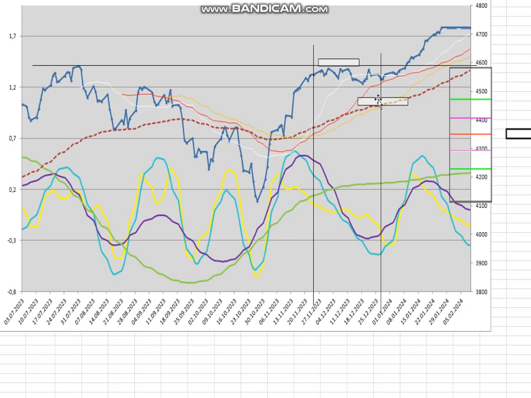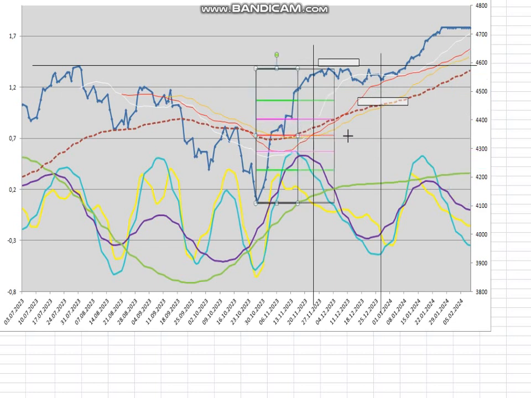So very possible we go lower than this projection, and just looking at some Fibonacci levels, just below 4,500 is to be expected, and a low around New Year, and then we should have a rally in January.